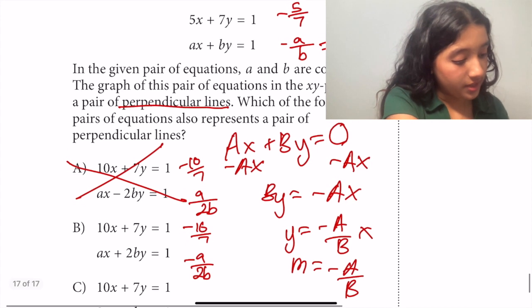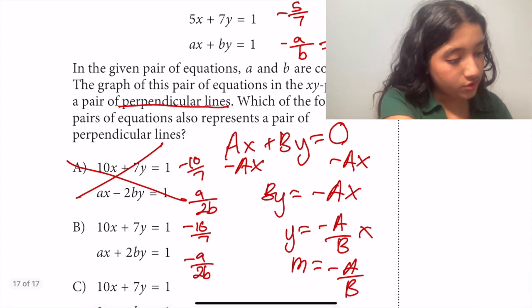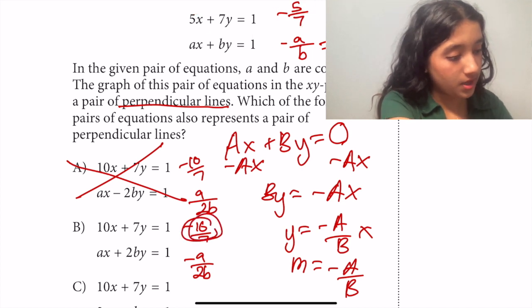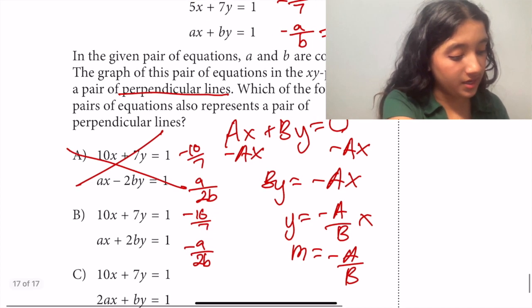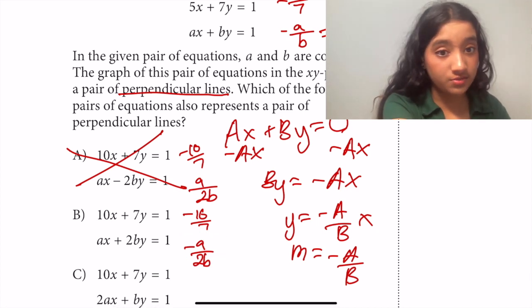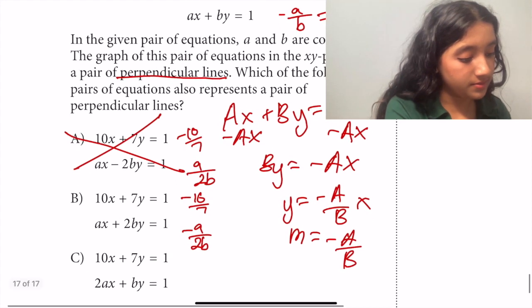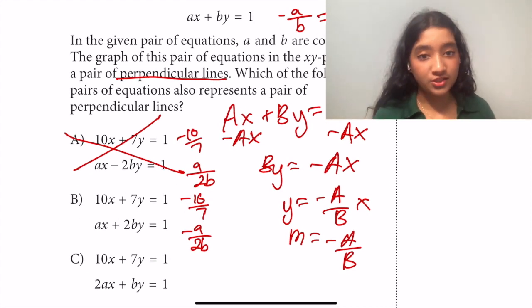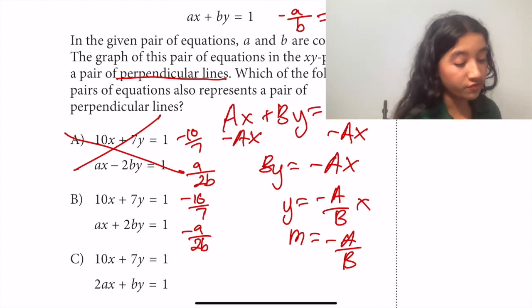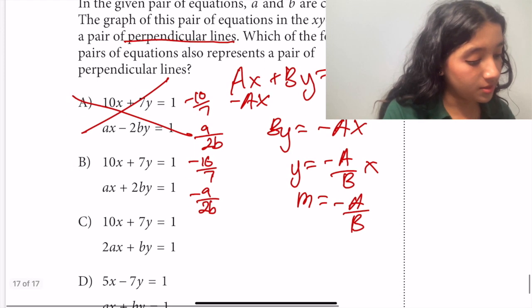Working with the second one, we have -10/7 and then negative a over 2b. We note here that we multiplied the slope of the first equation by 2, and then we divided the slope of the second equation by 2. We know that's going to check out because when we take the reciprocal, multiplying by 2 for one slope should divide by 2 in the other, but we can also double check that.